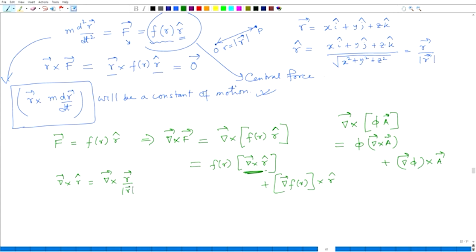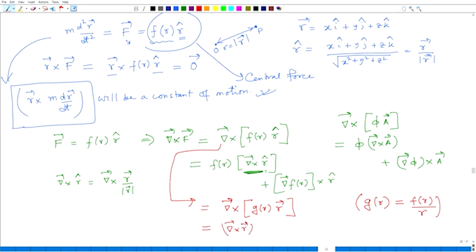So, then you can modify the whole thing by introducing a vector term over here, and you can convert that to curl of r vector, or you can do another smart thing right from here that I will suggest more, that right from this step you write curl of f(r) r cap as some g(r) times r vector, where your g(r) is nothing but f(r) by r. Okay. So, if you write that, then equivalently you can write curl of r times g(r) plus gradient of g(r) cross r.